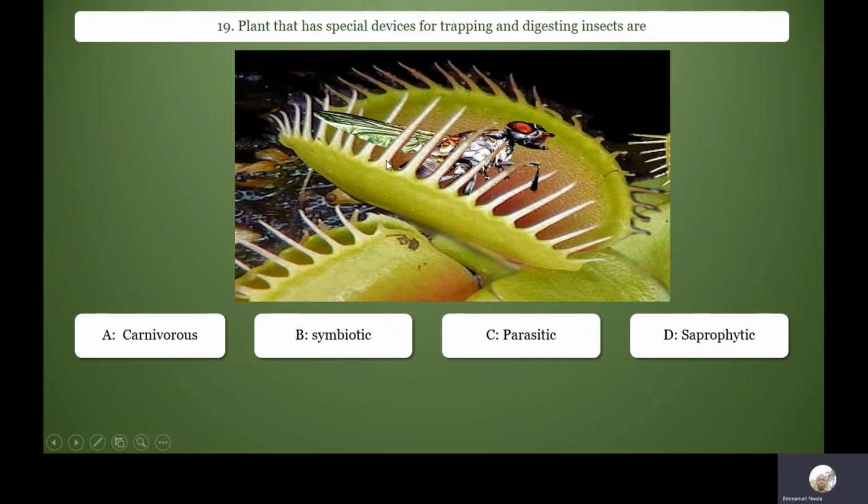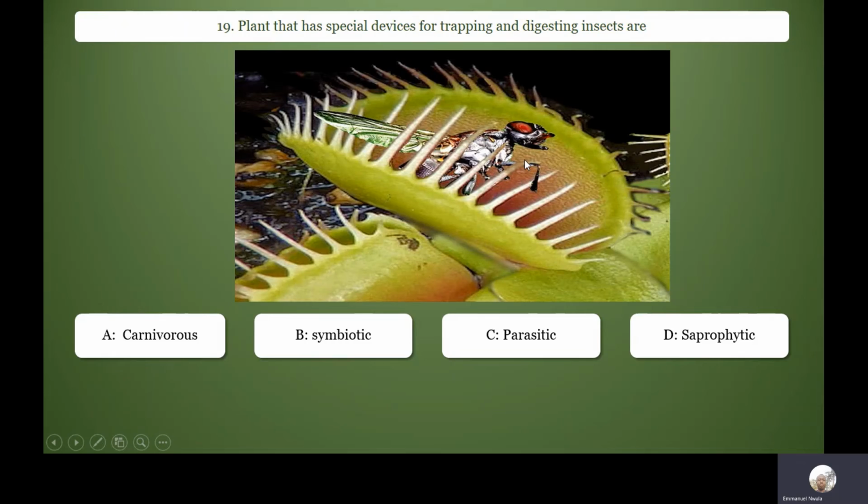The plant that has special devices for trapping and digesting insects, they are carnivorous, call them carnivorous plants. Something like this Venus flytrap.